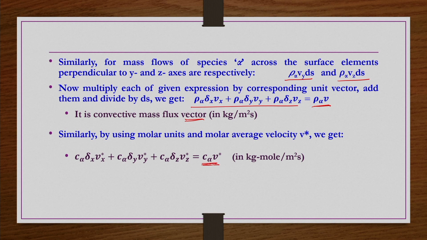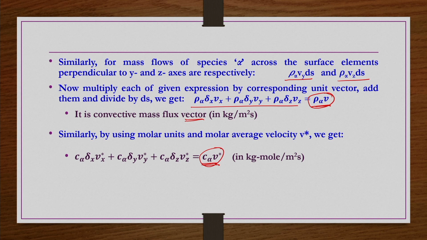So, now what we have is the expression for the mass flux because of the convection as well as the molar flux because of the convection. That is, the flux because of the convection, that we got in terms of the mass units as well as in terms of the molar units.